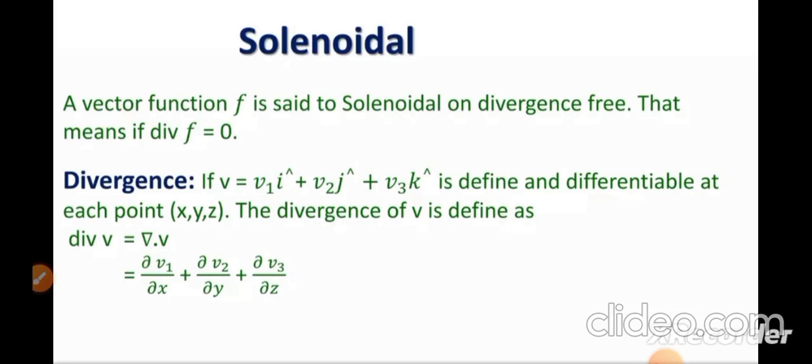We have to substitute the value of V1, V2 and V3. Differentiate V1 with respect to x, differentiate V2 with respect to y and differentiate V3 with respect to z. When finding the value of del dot V, if we get the answer as 0, then it is called the solenoidal vector.